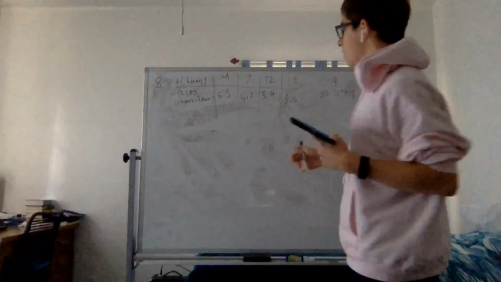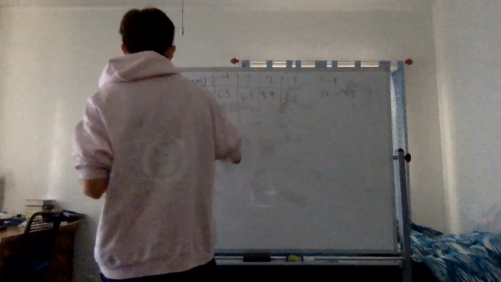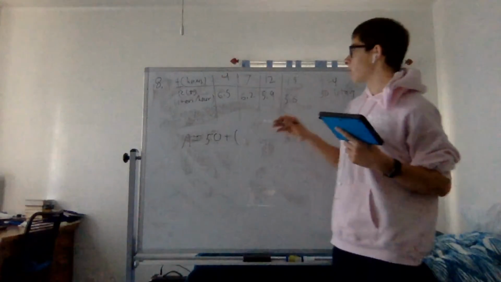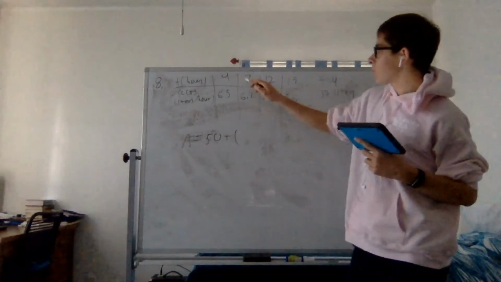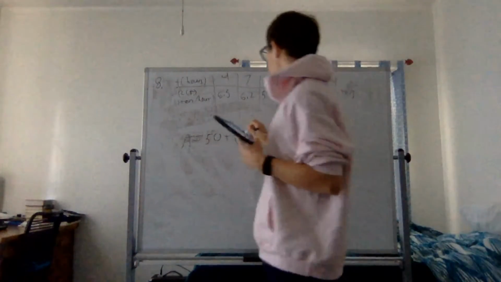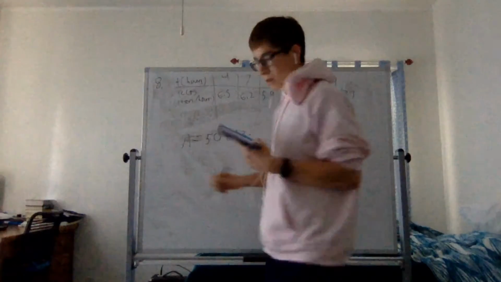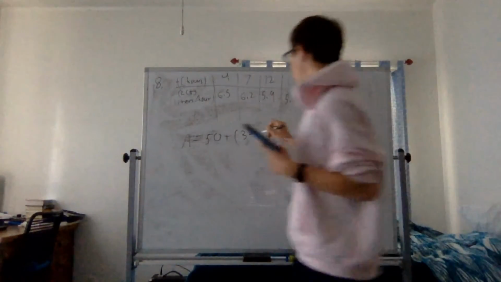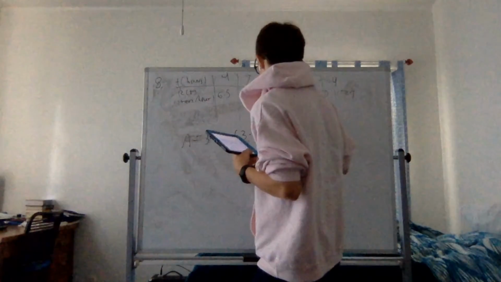So for the right Riemann sum, the amount would be equal to your initial amount at time t equals 4, which is 50, plus our first rectangle. It has a base of 3, because you have 7 minus 4, times, because it's the right Riemann sum, we need to use the right y value, which in this case is 6.2.